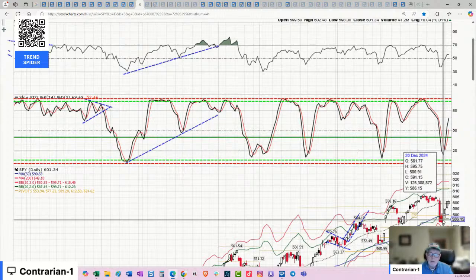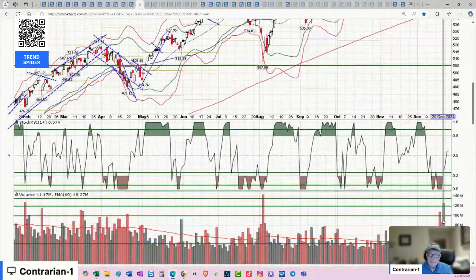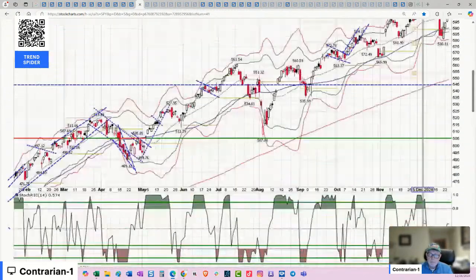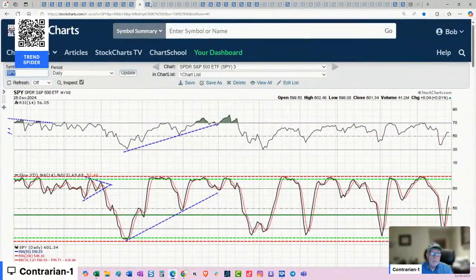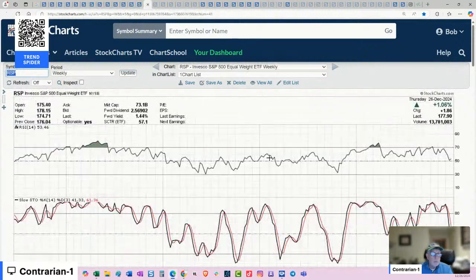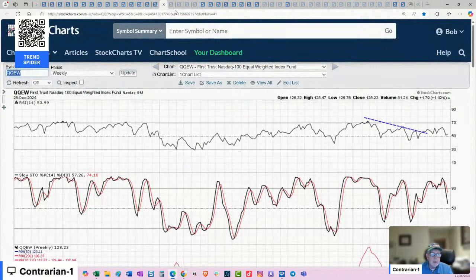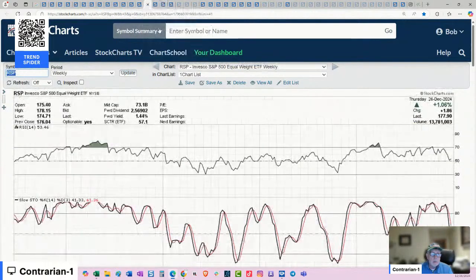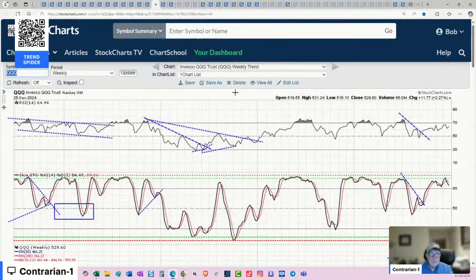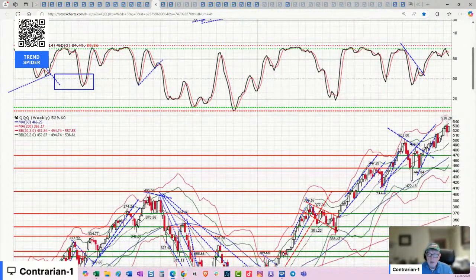Typical holiday week. Nothing unusual here. Let's skip the equal weighted. Let's go to the Qs. Weekly chart, inside bar on the week.